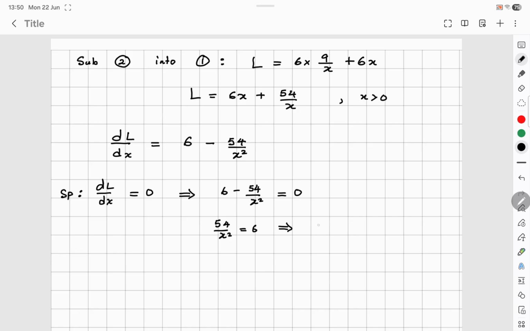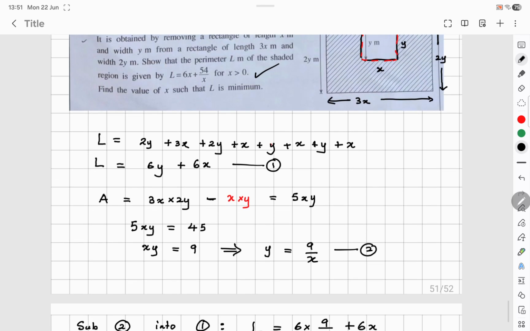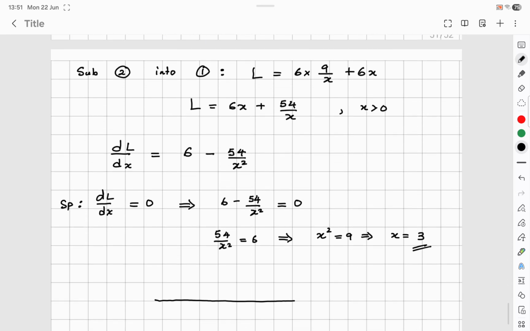Oh, x squared equals 9. So x equals plus or minus 3, but we know x is positive. No? X equals 3. Right. So then what are they asking? Find the value of x such that L is a minimum. So x equals 3 is the value such that the perimeter is minimum.